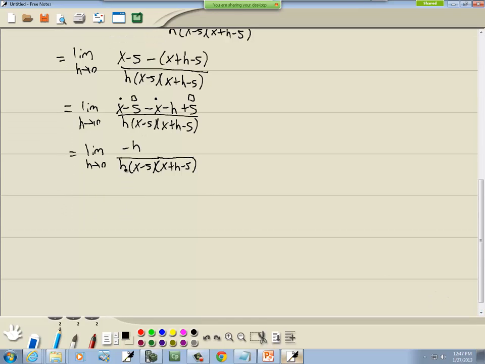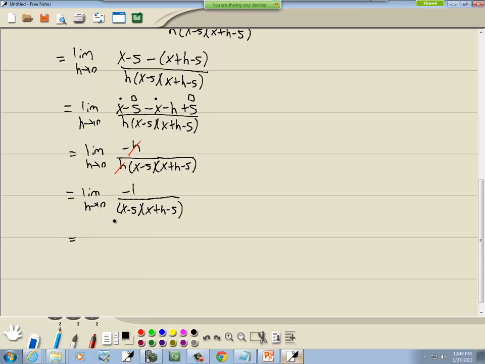Well, now these h's are going to cancel. So that's going to cancel with that. And we've got the limit as h goes to 0 of negative 1 over x minus 5 times x plus h minus 5. Now our goal was for that h to disappear down in the denominator, and it did, so that's good.